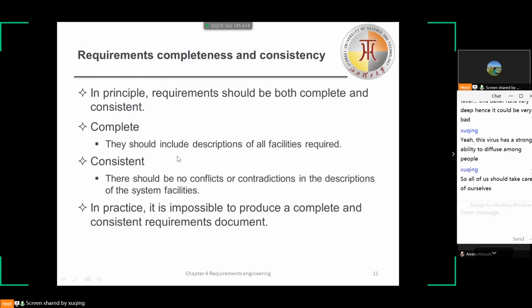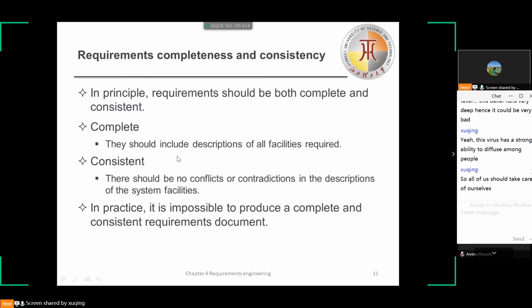Another reason is that there are many stakeholders in a large system. As we have said before, the end users may be composed of different people. And a stakeholder is a person or role that is affected by the system in some way. Each stakeholder may have different and often inconsistent needs. Their requirements may be quite different. And this inconsistency may not be obvious when the requirements are first specified.